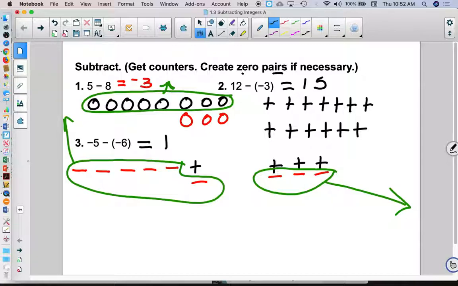Open your hand. 1, 2, 3, 4, 5 negatives. Do you agree? Now take 6 negatives away from there. Why not, Chloe?